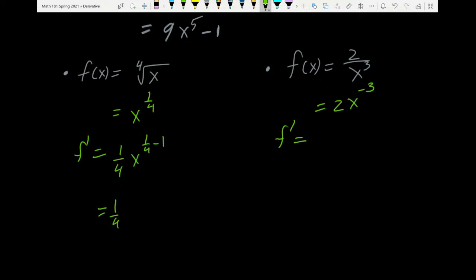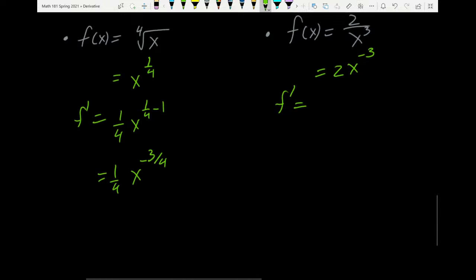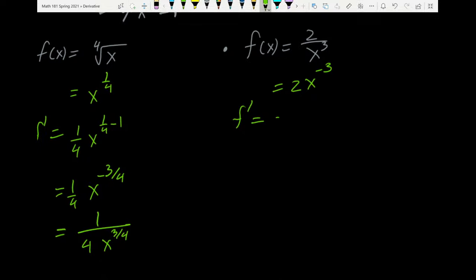This would be 1/4 x to the negative 3/4. Or you could rewrite it as like that. This would be 2 times negative 3 x to the negative 3 minus 1. This would be negative 6 over x to the 4th. Easy so far? All right.